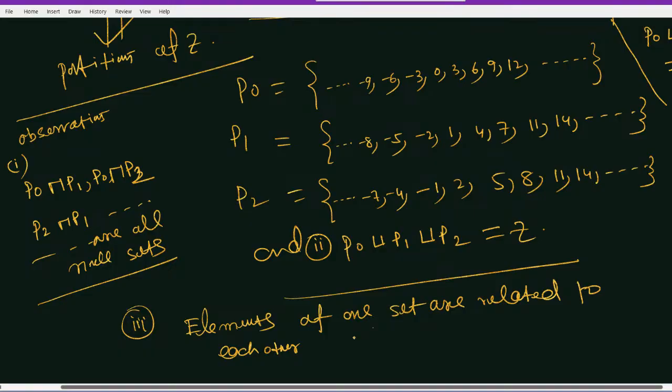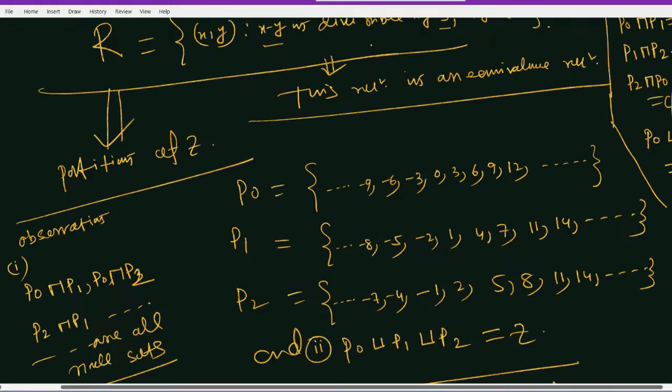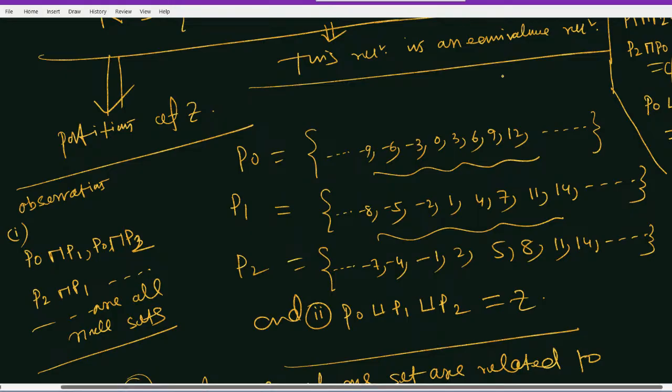Why? The relation is what? Under this relation, the difference is divisible by 3. You take any two elements from here, find the difference. 12 minus 0 is divisible. 12 minus 6, 18, divisible by 3. You take any two elements from here: 1, 4, 7, 11, 14, minus 2, minus 5, minus 8. Just a minute.